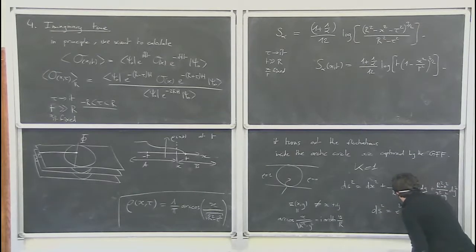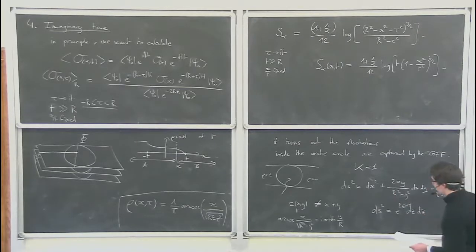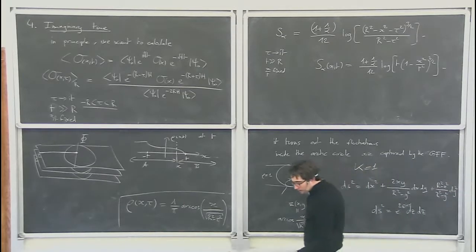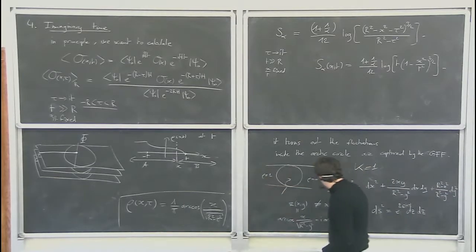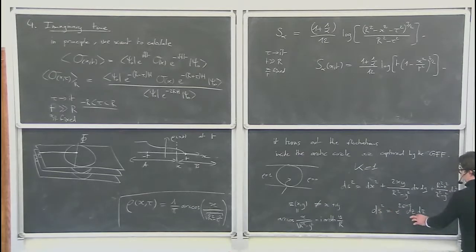And this sigma here is a function of x and tau, or z and z bar if you prefer. This is just a nicer coordinate system, because in this coordinate system the metric takes this conformal form.